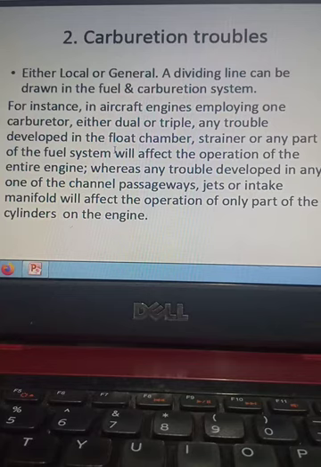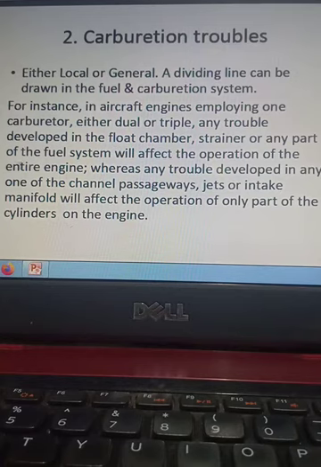Okay, for instance, an aircraft engine employing one carburetor, either dual or triple, any trouble developed in the flow chamber, strainer, or any part of the fuel system will affect the operation of the entire engine. Okay?